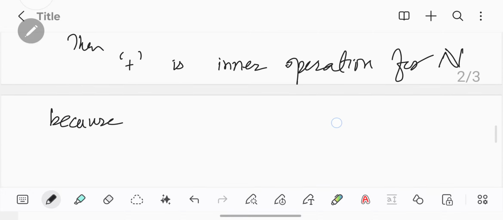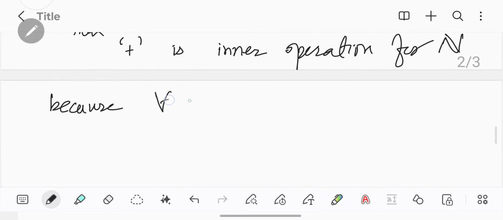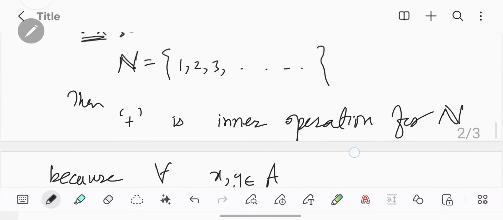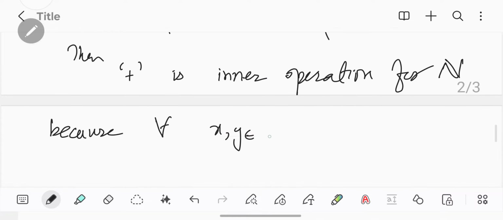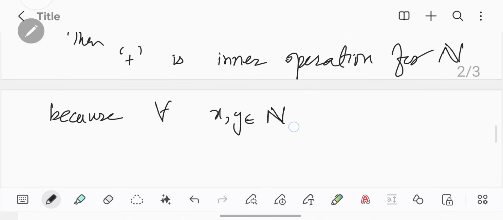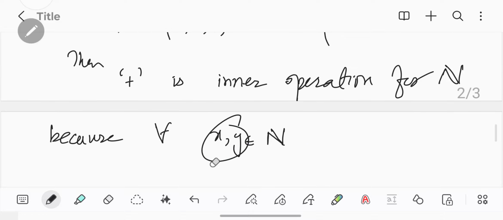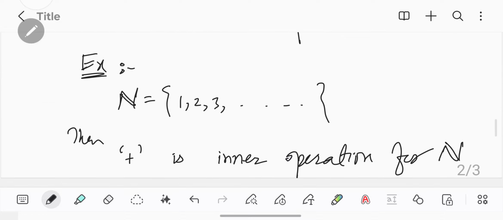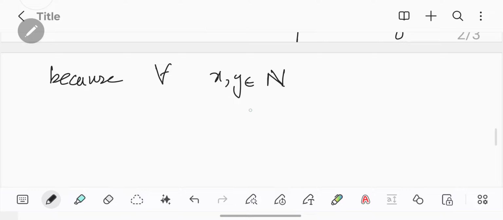That means if you add any two elements, you will get a new element which will still be here. Because for all x and y belonging to N, not A, because I am talking about the set of natural numbers, for all x and y means any two elements. I cannot take any one example. We know that x plus y is also a natural number.